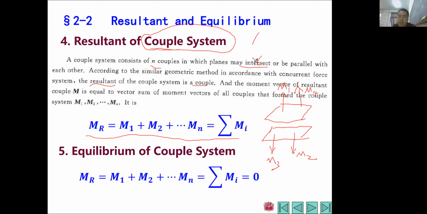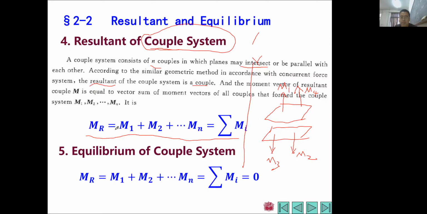So we only need to think that we have a reference axis, and we project all these vectors onto this same axis, right? Maybe some are positive, maybe some others are negative. So we only use this sum, and then the final result, that is the resultant of the couple system, maybe zero, maybe another single moment.